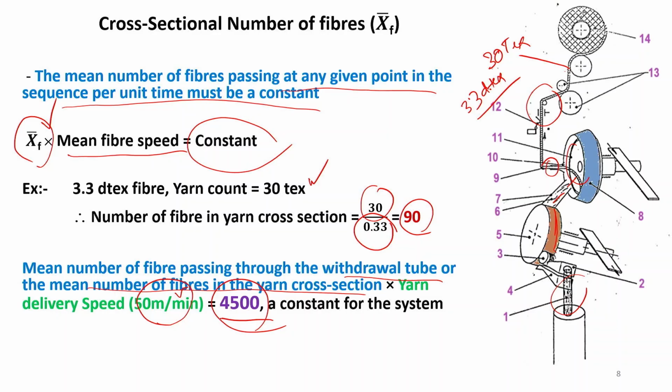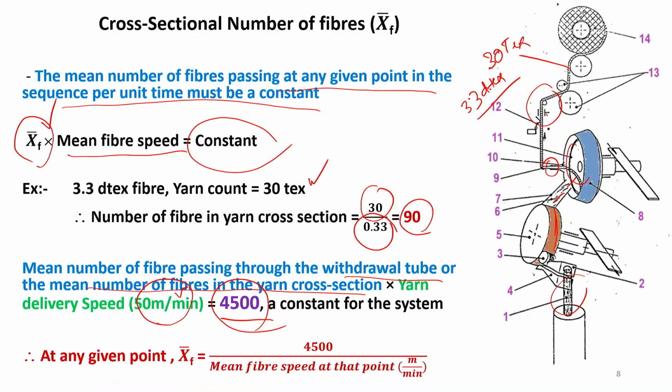So we have to maintain the same unit everywhere. So, at any point in the system, the number of fibers will be 4500 divided by the mean speed at that point, and that mean speed will definitely be in meter per minute, not in any other unit.